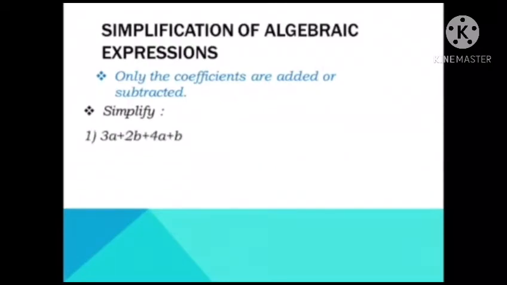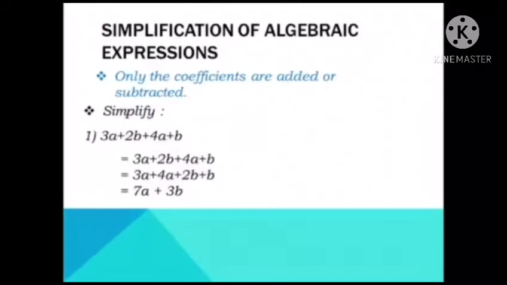3a plus 2b plus 4a plus b. In this, first collect and write the variables of a, and the variables of b. Like 3a plus 4a plus 2b plus b. When you arrange it like that, you get to know that the terms of a can be added separately and the terms of b can be added separately.